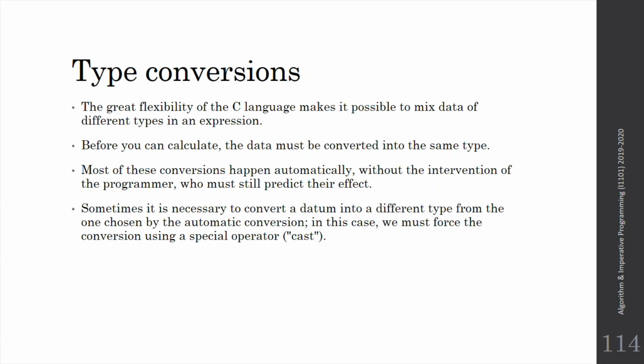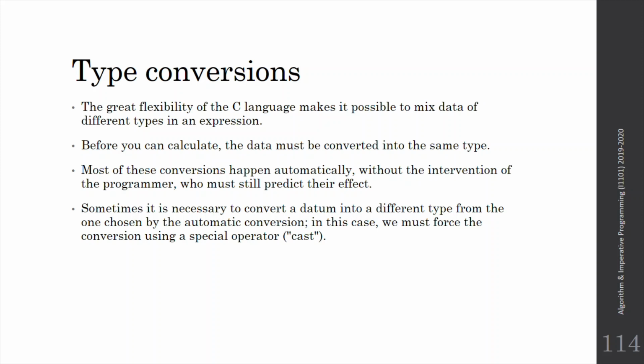So what do we need to do if we need to convert types? As we have seen, we have a lot of types in C. We have the natural types: int, char, short, and long. We have the unsigned variations, and we have the real types, which are float, double, and long double.